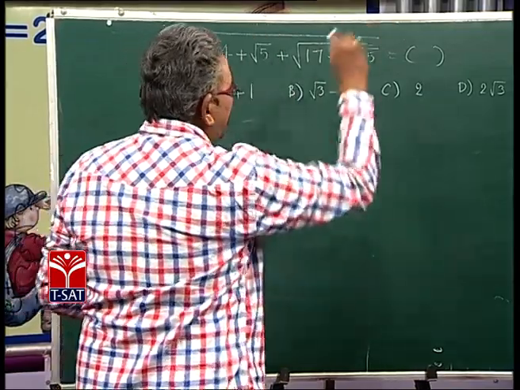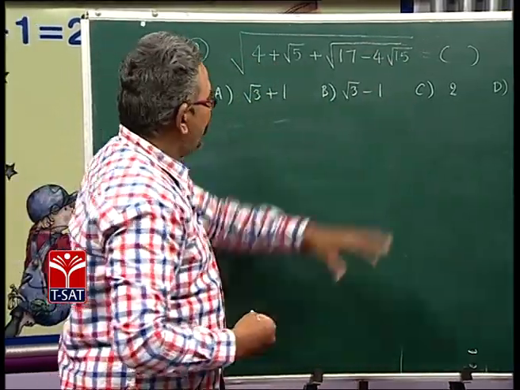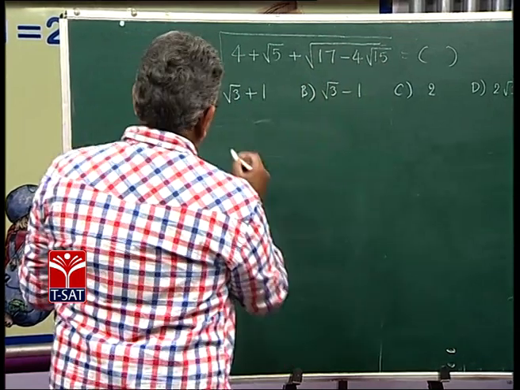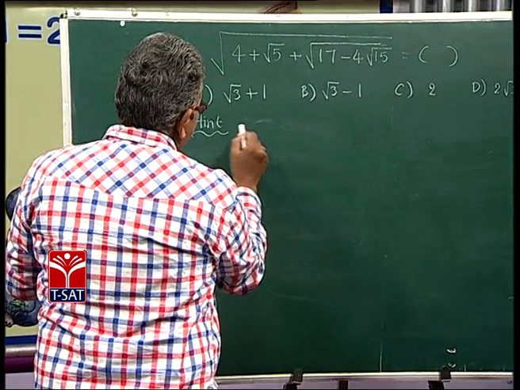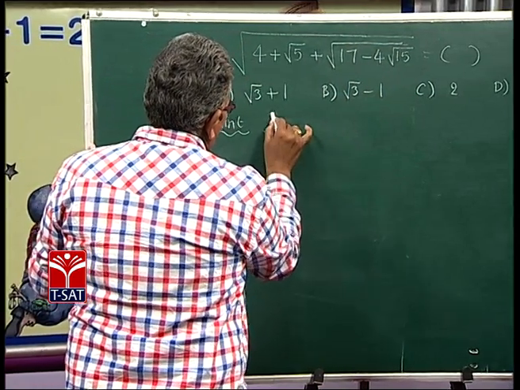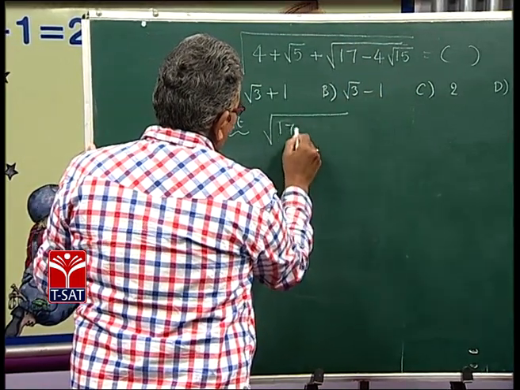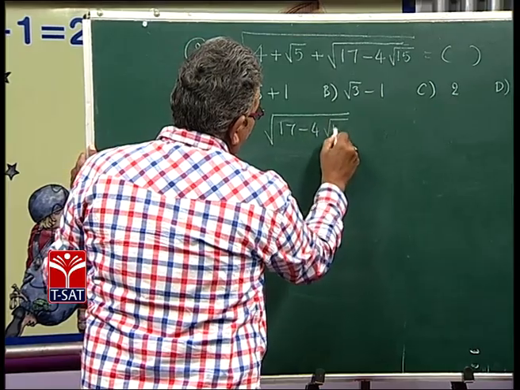After that we have to take the square root. So, let us find out the square root of this one. See, let us go stepwise. Square root of 17 minus 4 root 15.